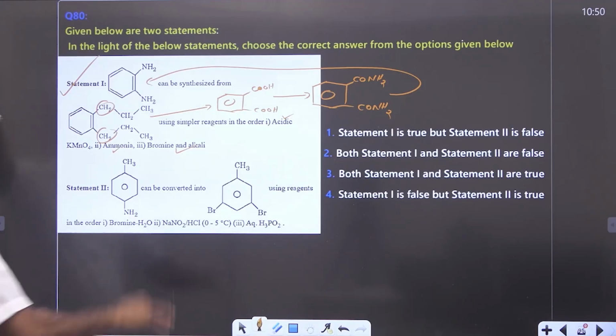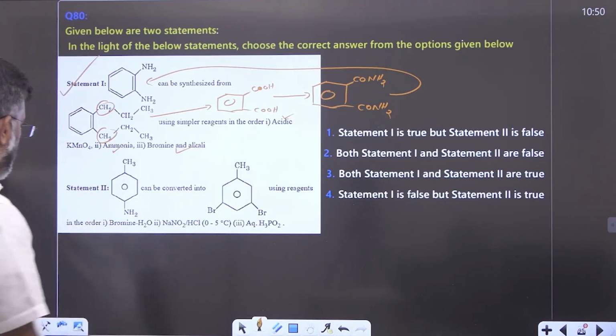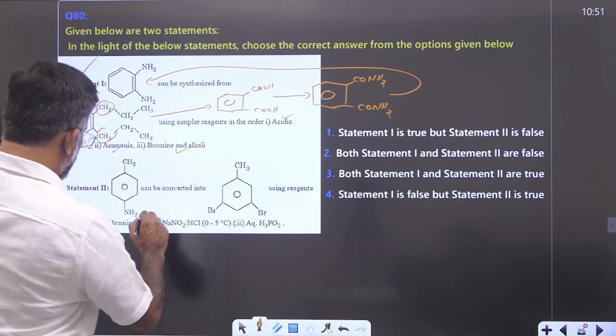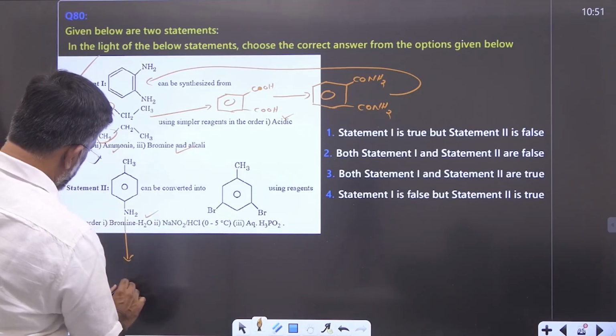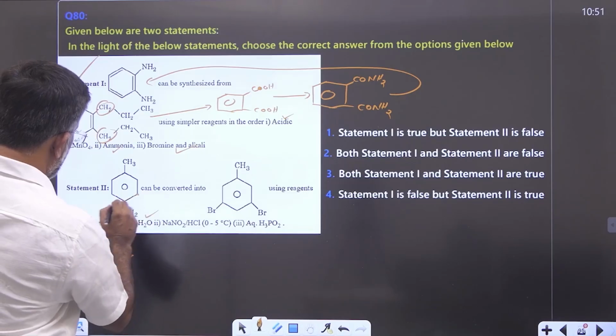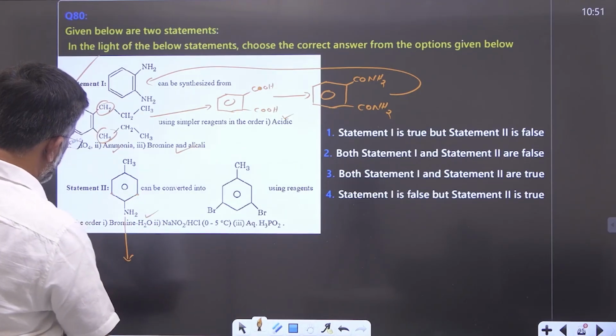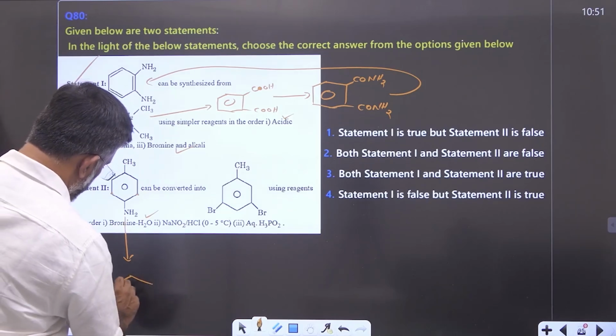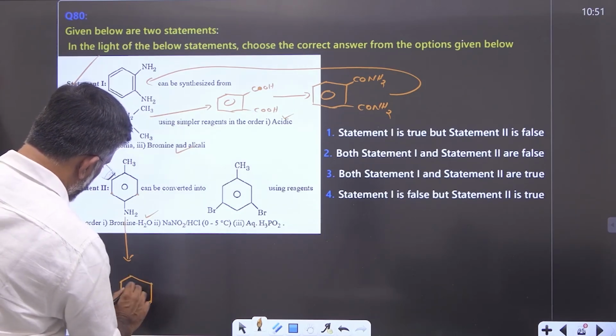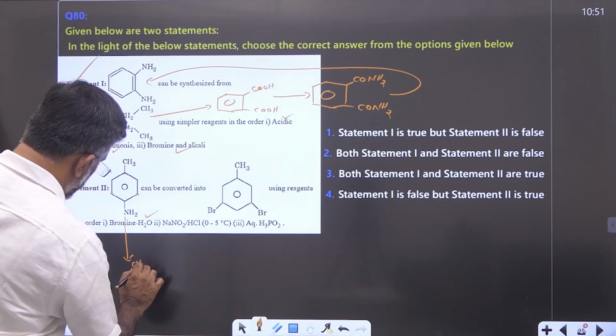The given molecule is converted to this using the reagent, first bromine water. A bromine will come here and a bromine will come here. Actually, the para position is already occupied by CH3, so it remains there.